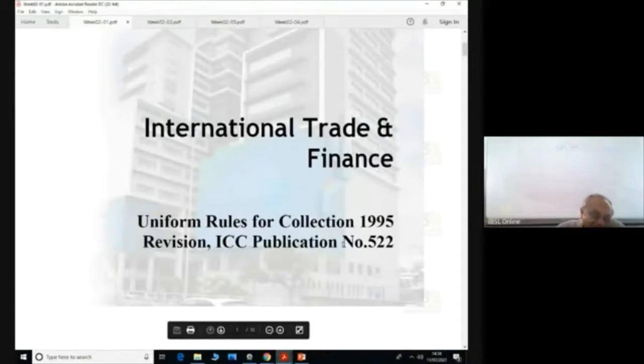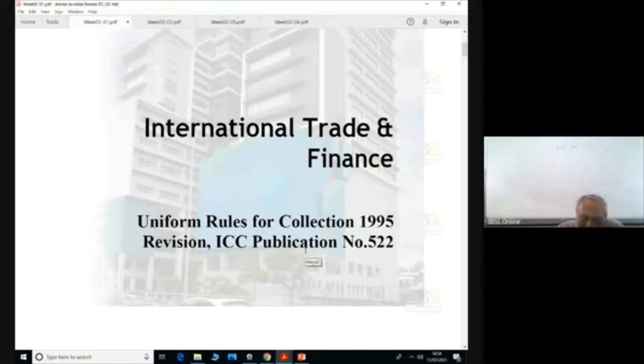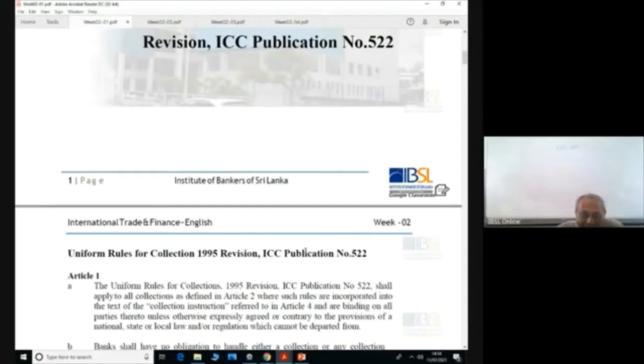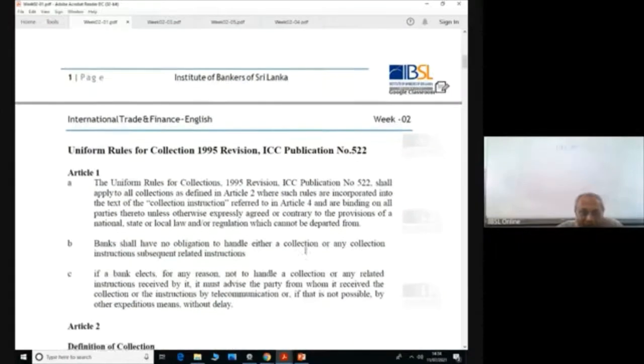This I have given to you. International Trade and Finance, Uniform Rules for Collection. This particular version has been effective since 1995. That is why I say 1995 revision, ICC publication number 522. Right? Uniform Rules for Collection, 1995 revision.